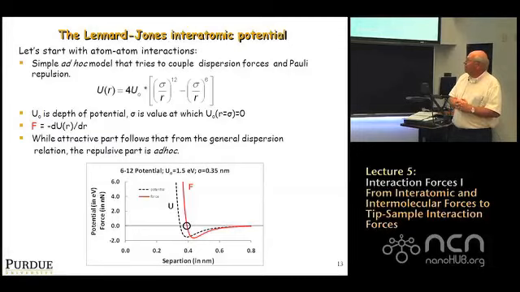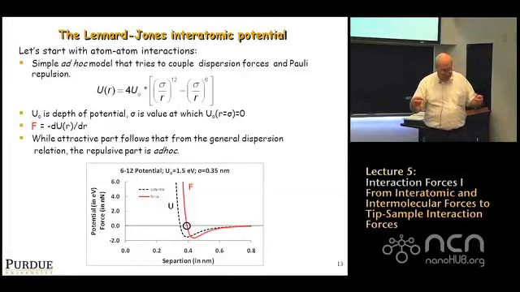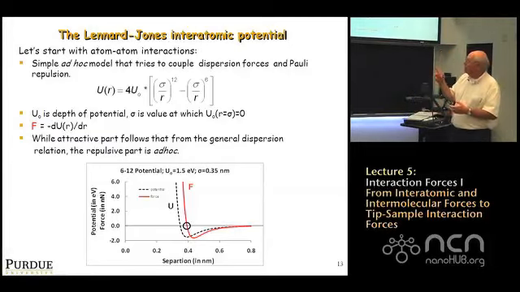Right? It contains two terms. The term that's negative, the sigma over r to the sixth, describes, to a first approximation, these dispersion forces that interact between two atoms as they're brought closer one to another. It turns out the dispersion forces are going to give rise to a characteristic 1 over r to the sixth behavior. So you'll see that over and over again.